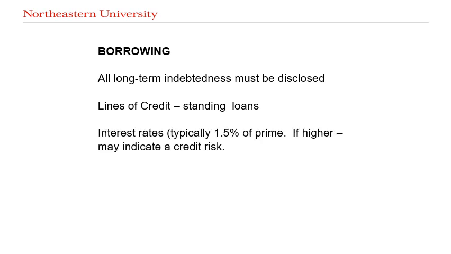The audit will look at the interest rates that are being charged to your organization by the bank. Typically, the interest rates should be 1.5% of prime, but if the bank is charging a higher interest rate, that may very well show that they consider your organization a credit risk, which is something the auditor would want to know.